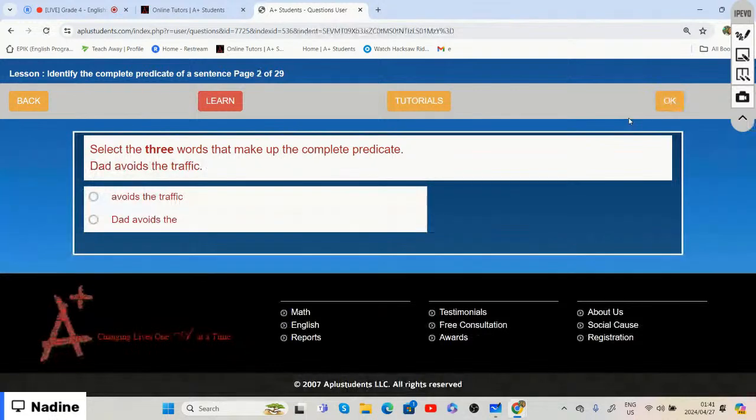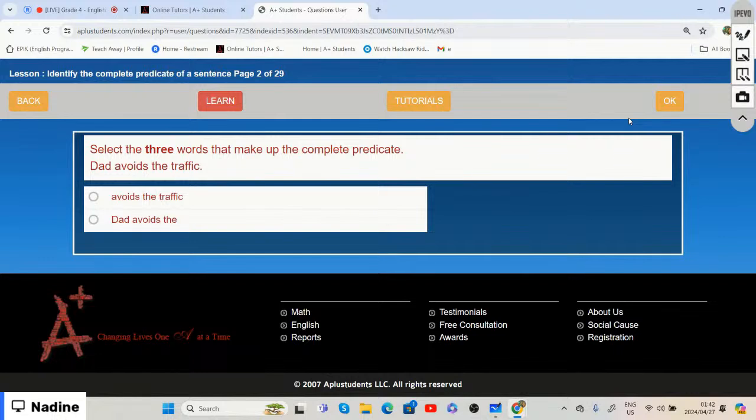Dad avoids the traffic. We need to select the three words that make up a complete predicate. Is it avoids the traffic, or is it dad avoids the?